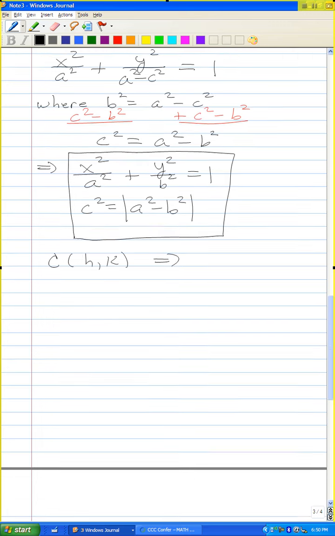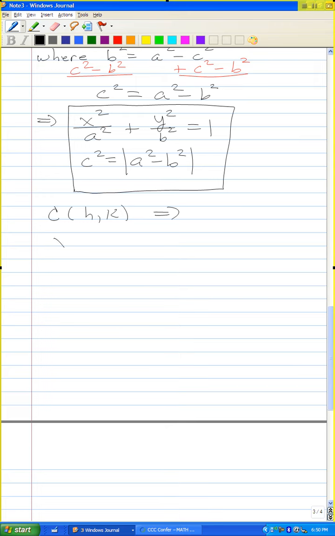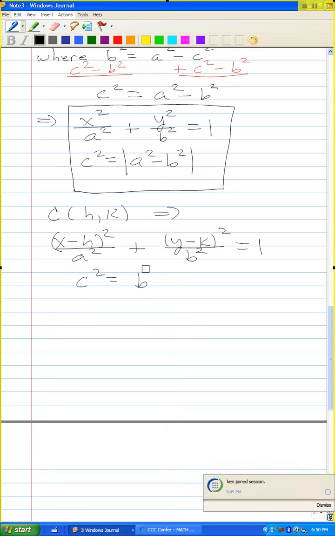Then the equation would be (x minus h) squared over a squared plus (y minus k) squared over b squared is 1, where again c squared is a squared minus b squared in absolute value. And that is the equation of my ellipse.